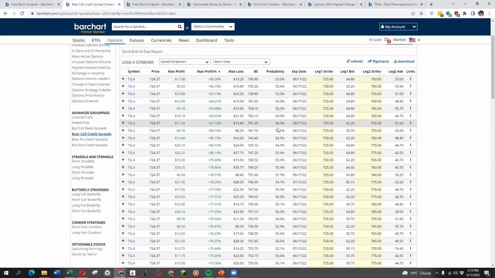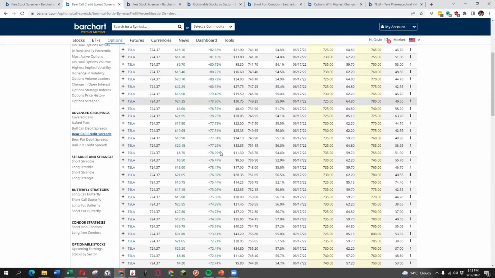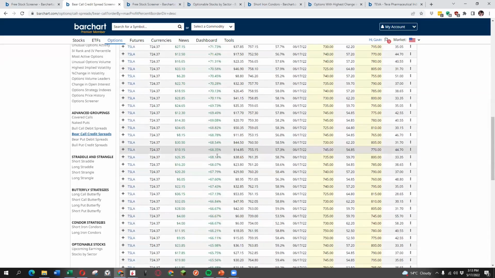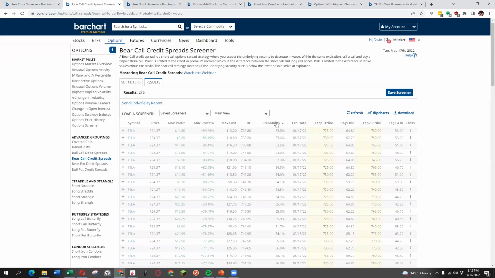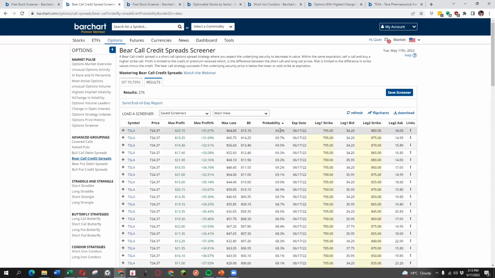You can scroll down the list. Maybe you'd like something that's slightly lower probability, or you could sort by probability, slightly higher probability. So that's our highest probability bear call spread that's showing up, nearly 70% probability, because it's quite far out of the money at 795, the short strike.